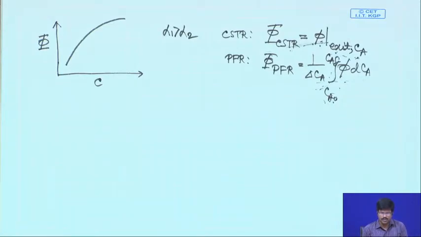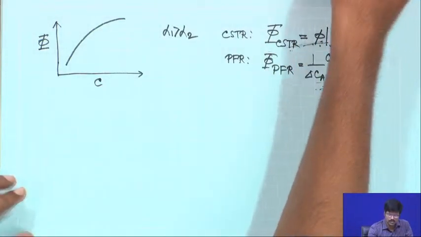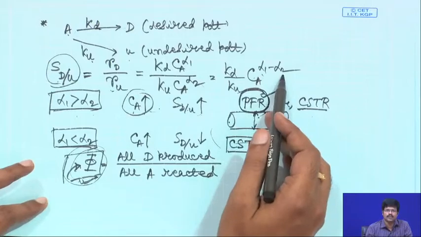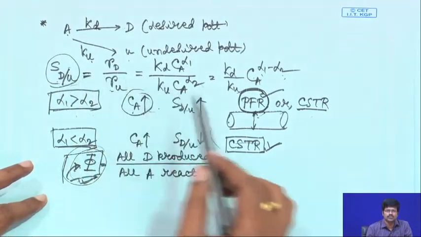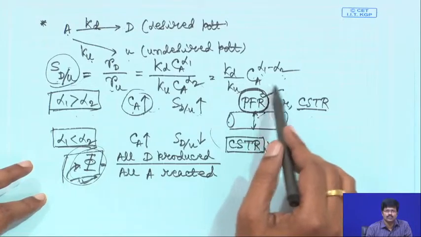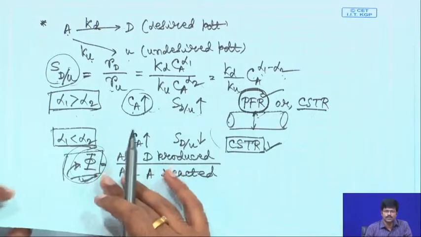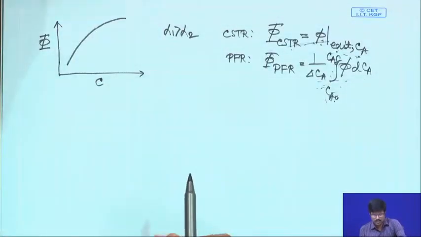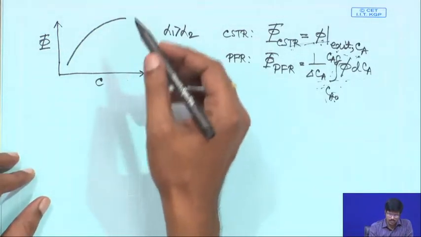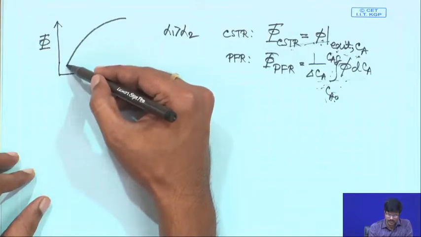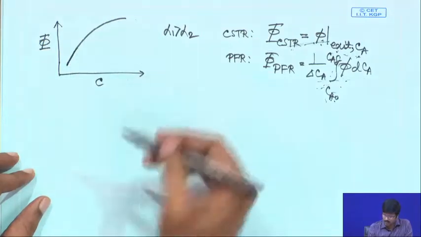It will have a positive slope. Your yield with respect to your concentration will have a positive slope, and it will give this kind of graph.